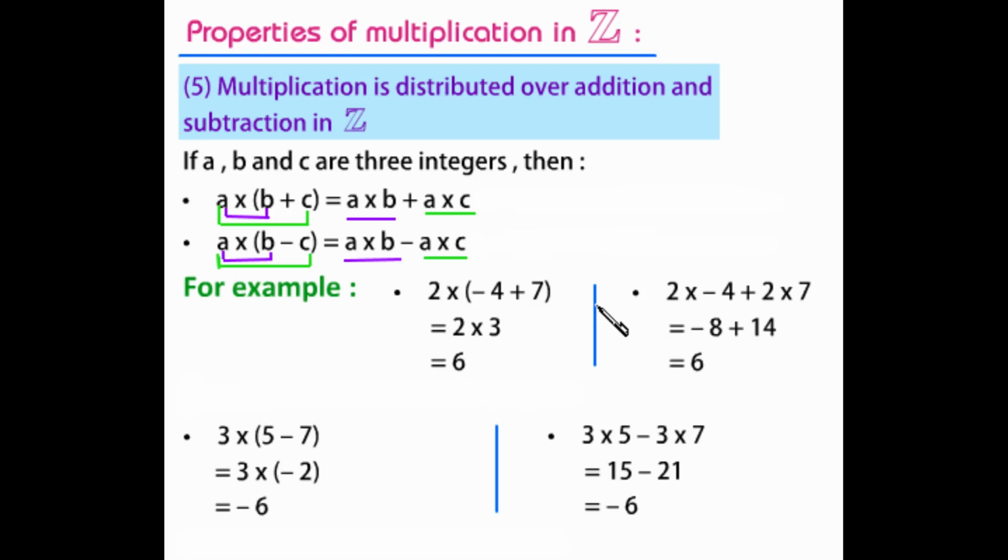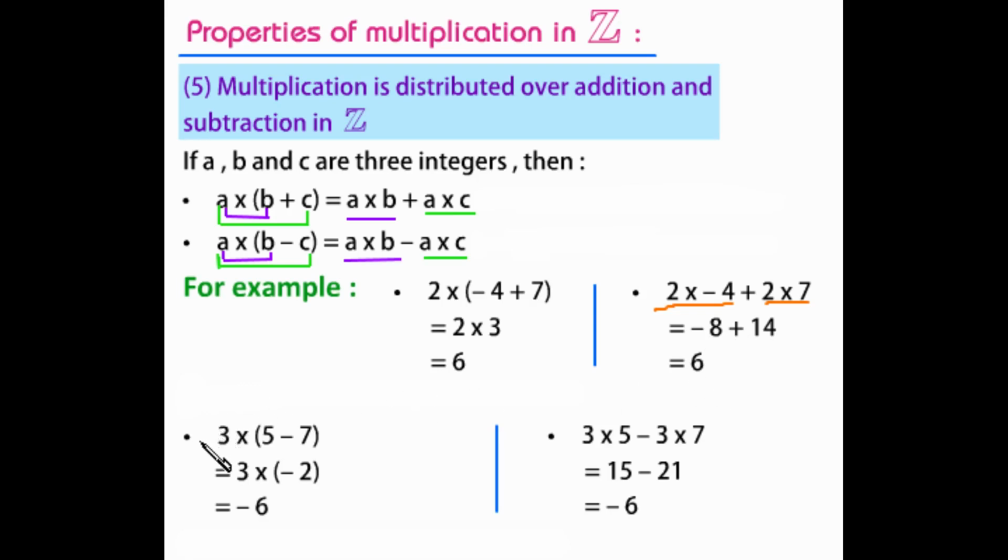The second method, by using the distribution property, 2 times negative 4 plus 2 times 7. 2 times negative 4 equals negative 8, plus 2 times 7 equals 14. Negative 8 plus 14 equals 6.